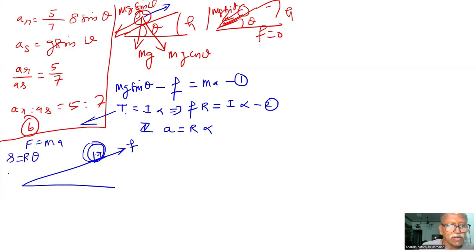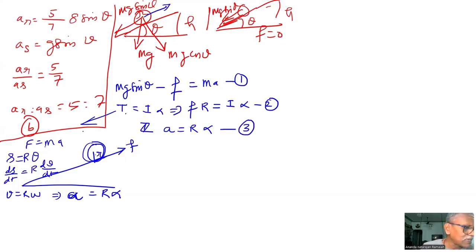If you differentiate one time, ds by dt equals r into d theta by dt. That is omega. Therefore, ds by dt is v equals r omega. If you differentiate once again, you will get the acceleration: a equals r alpha. That is another formula.